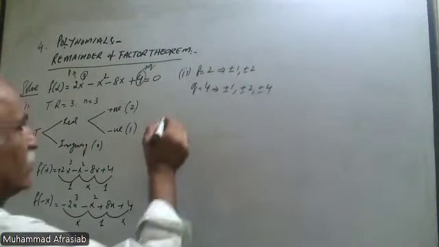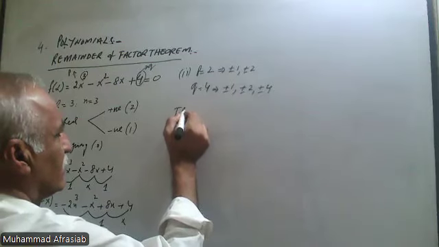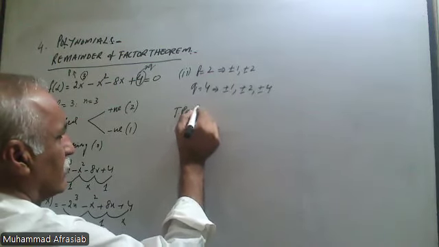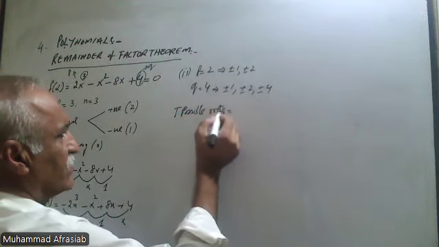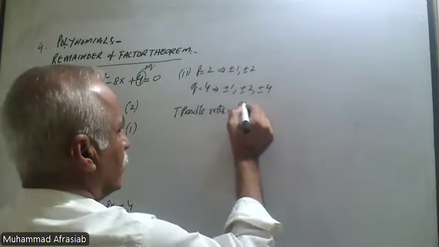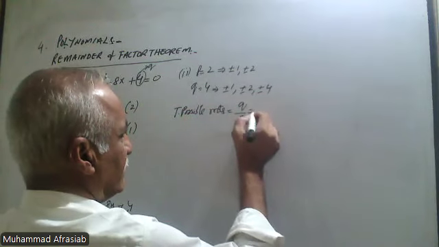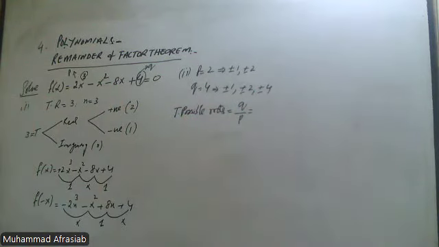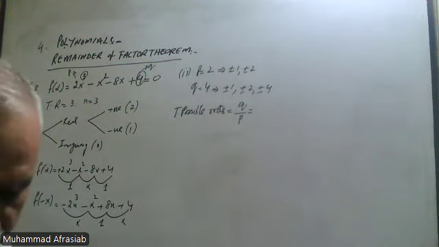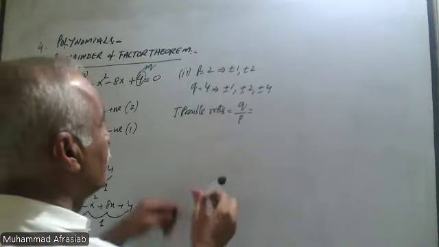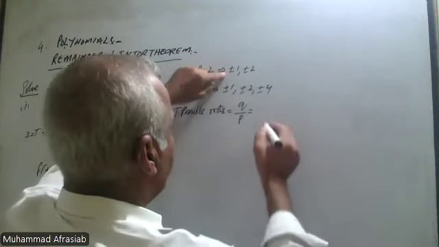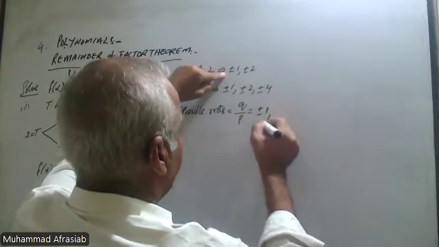Then you can find out the total possible roots, which is equal to q divided by p. So plus minus 1 over plus minus 1 would be plus minus 1.